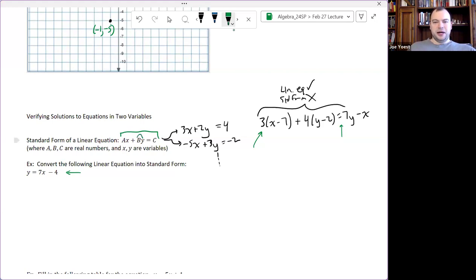Well, I see I have a y term on the left side. I have a constant term on the right side. But I need to move this x term. This x term, to be in standard form, belongs on the left side alongside the y term. So I would just subtract 7x from both sides.